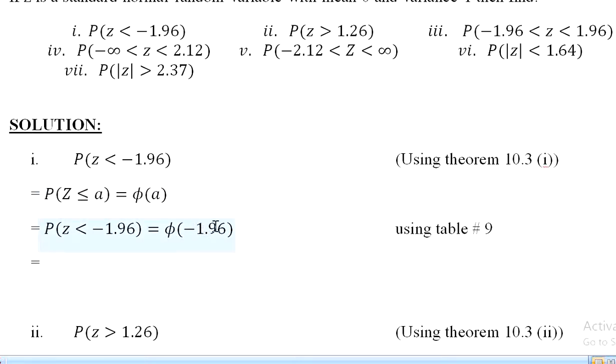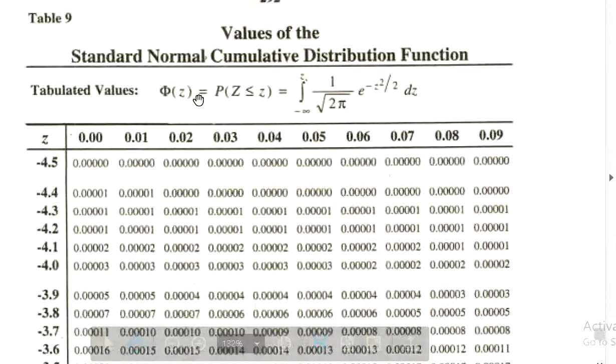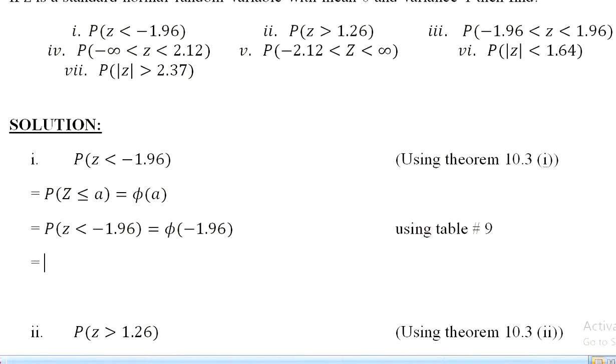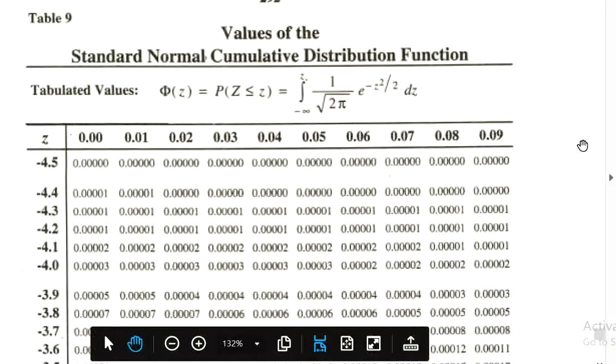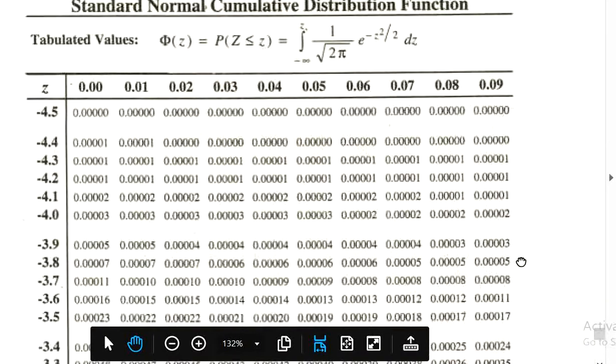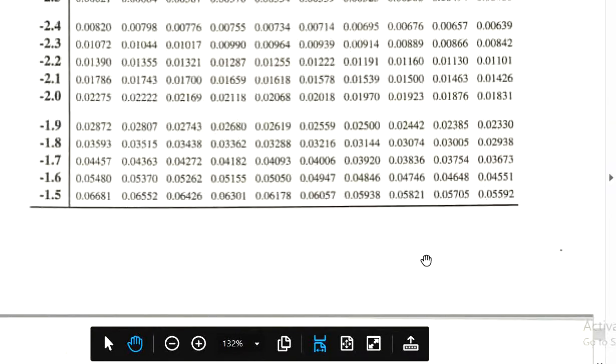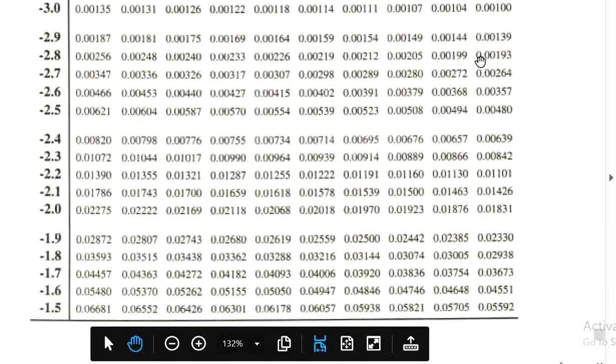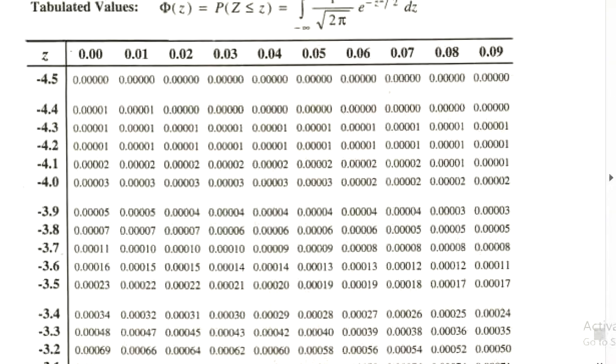मैंने minus 1.9 को 6 में देखना है. ये table 2 decimal numbers को deal कर रहा है. Z की 2 decimal numbers तक values होनी चाहिए, तब हम ये table इस्तेमाल करते हैं. So we will find minus 1.9 and we will find 6 on the column.